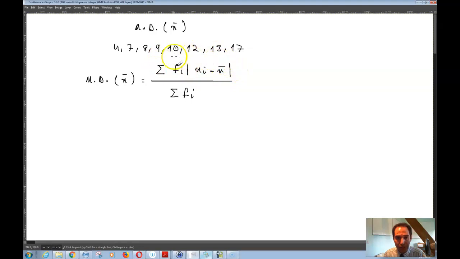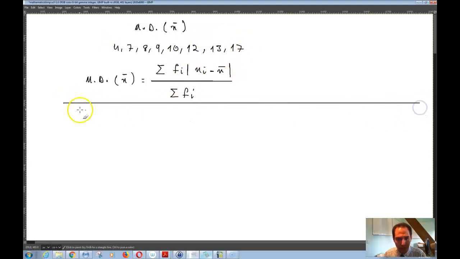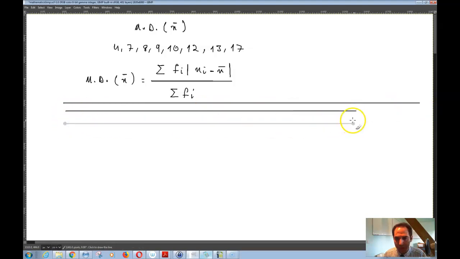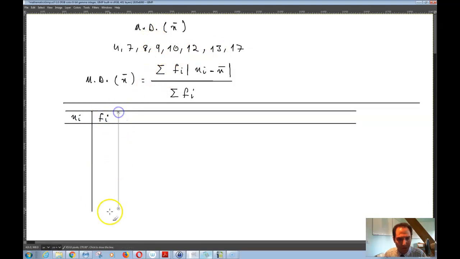Now, in order to calculate this, I need a simple table. Although the data is not that complicated, it doesn't hurt to have a table. I can call these observations x of i, and the frequency of those observations f of i.